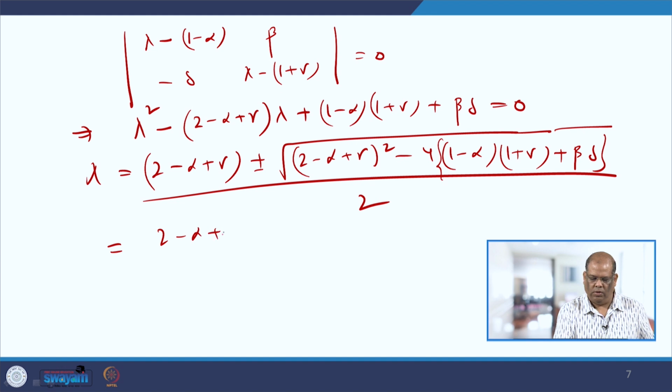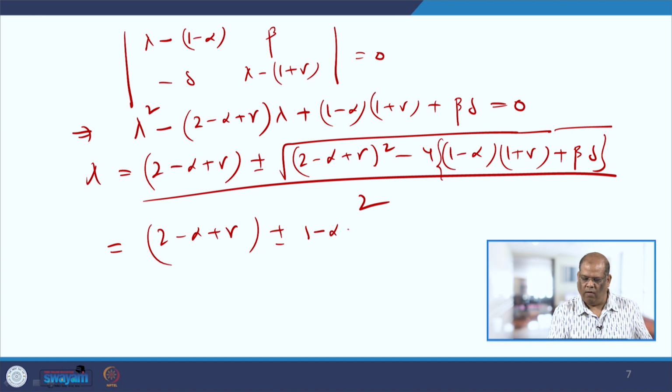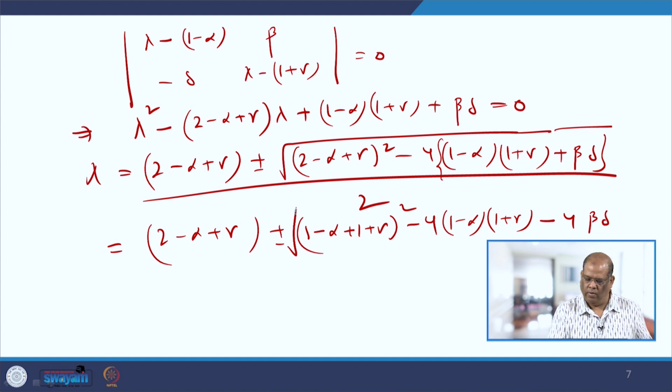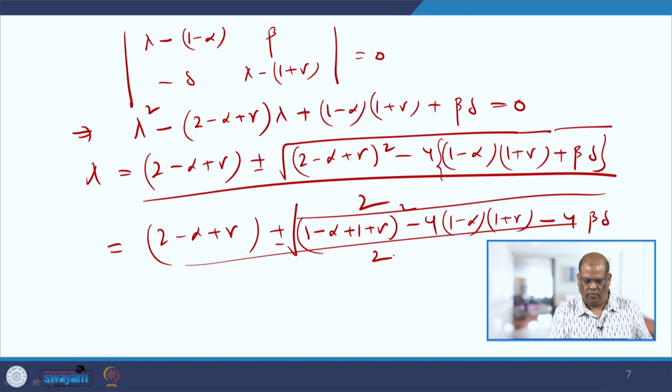And if you simplify this, this can be written as (1 - alpha + 1 + gamma) whole square - 4(1 - alpha)(1 + gamma) - 4 beta delta. So, square root of this and divided by 2.